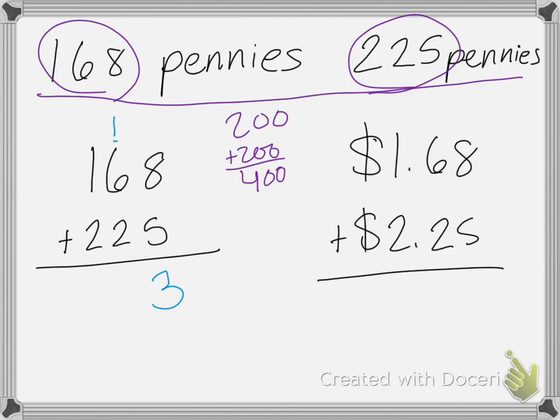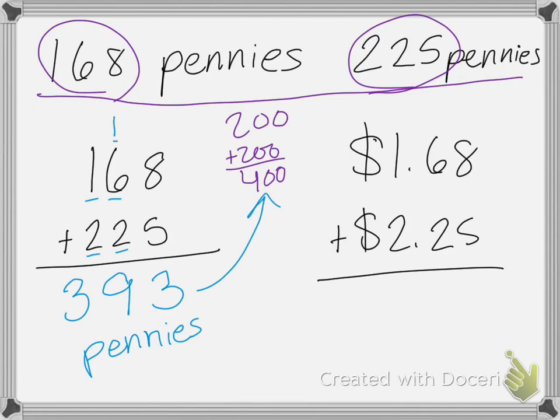So the 1, the 2, 6, and the 2. 1 plus 6 is 7, plus 2 is 9. So there are 9 in the tens place. Now we will add the digits in the hundreds column, which is a 1 and a 2. 1 plus 2 is 3, so 3 hundreds. So my answer is I have 393 pennies, which is really close to my estimate of 400.